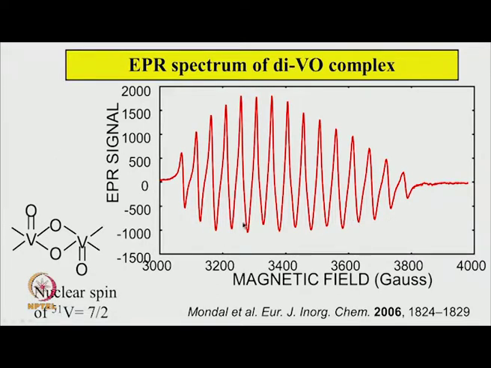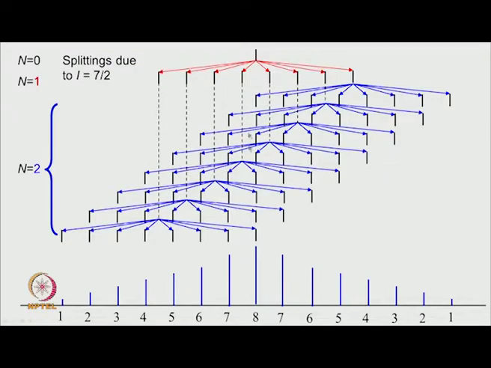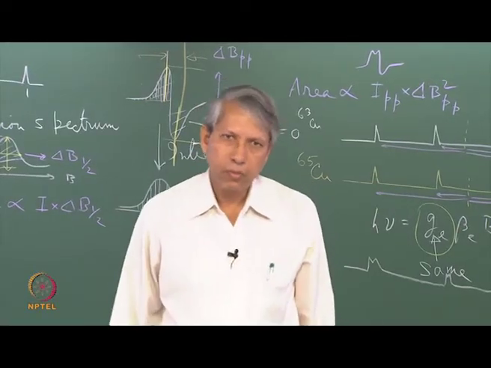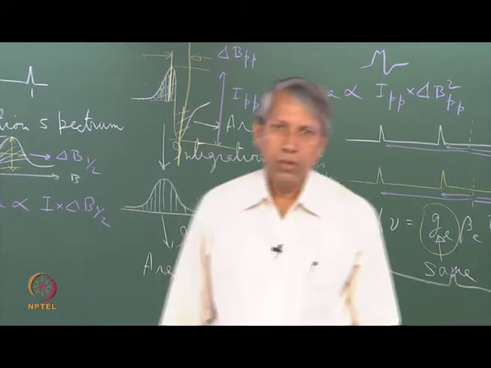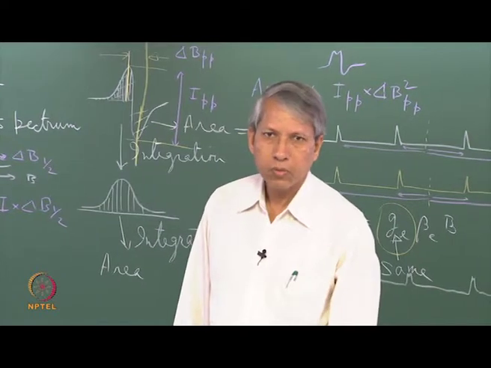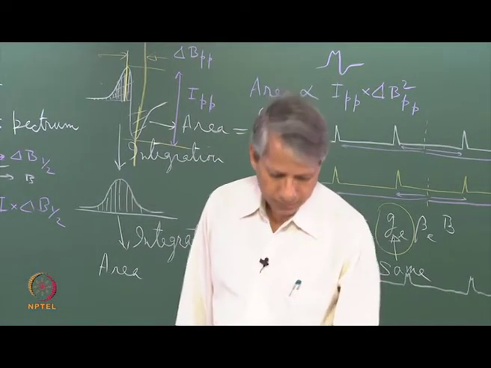Though it is not very obvious, one can actually integrate these various lines and come to this conclusion. So, this shows that the vanadilyl complex, when there are 2 vanadium nuclei, is perfectly understandable from what we have learnt here: the way the various hyperfine lines appear, and how equivalent nuclei can produce different types of line intensities.